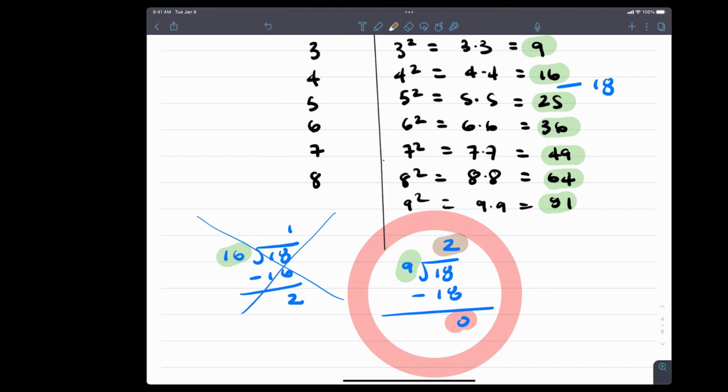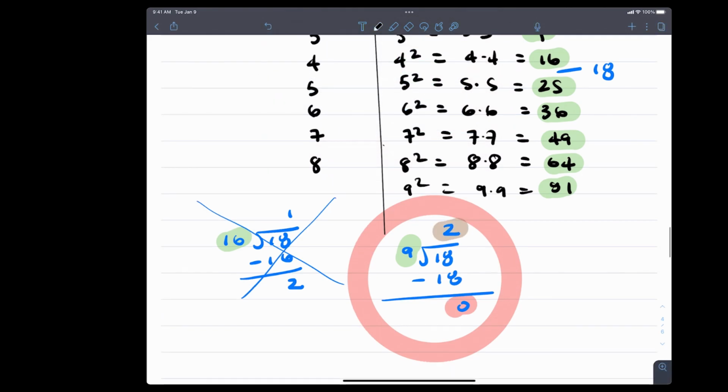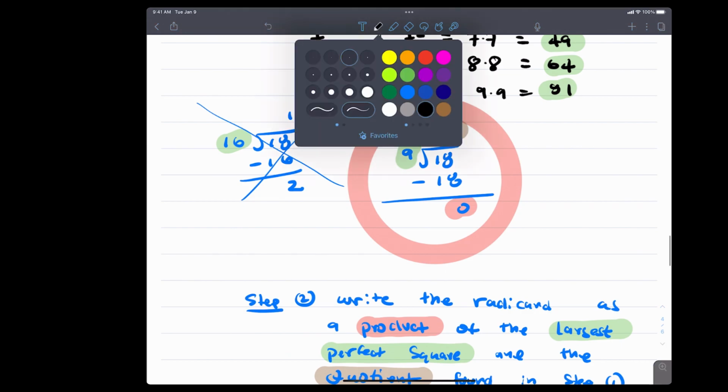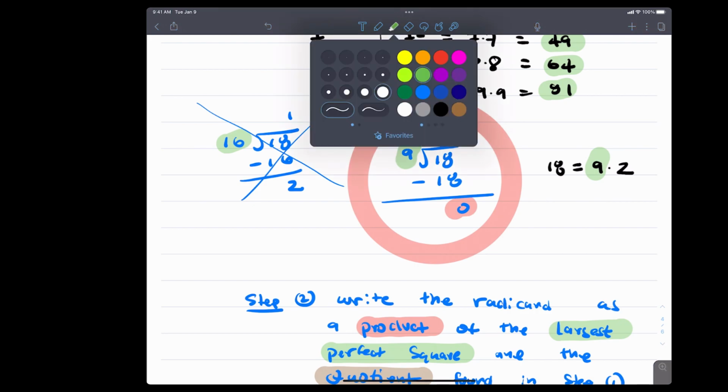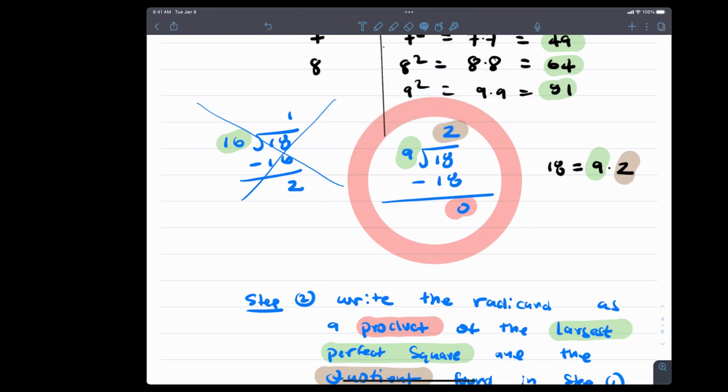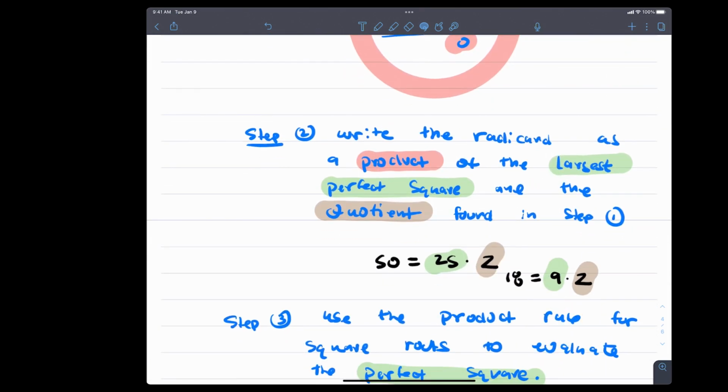Here's my quotient. So you know what you do? What do you say? 18 is, write the perfect square before the quotient. Okay, you're looking at the information already there. Is that right? So this is what we're looking at now.